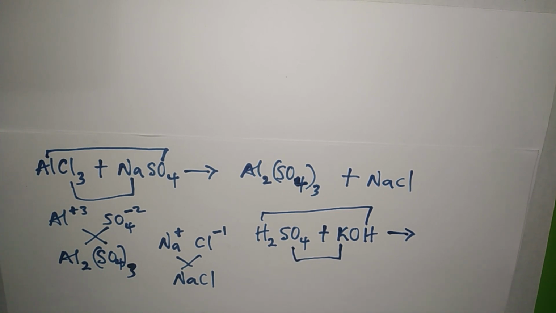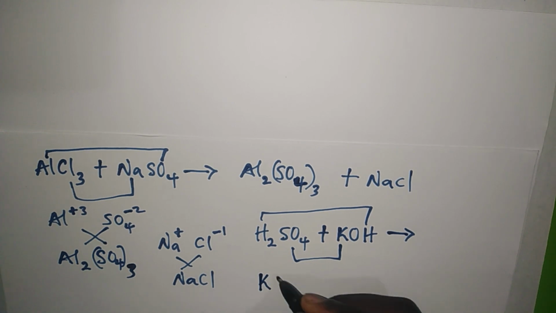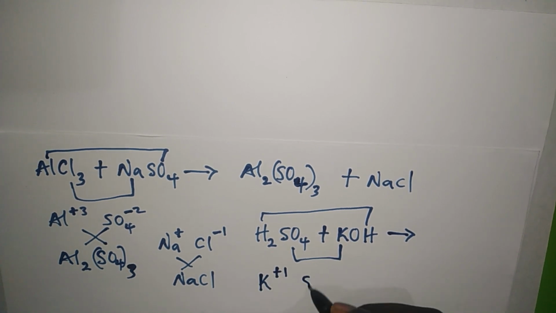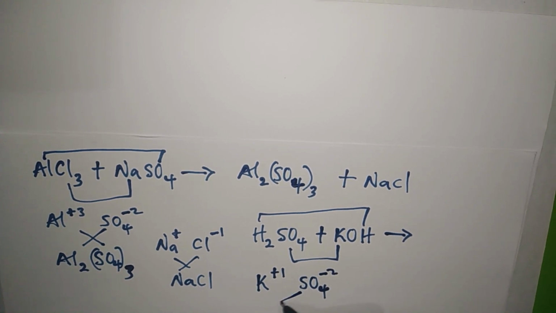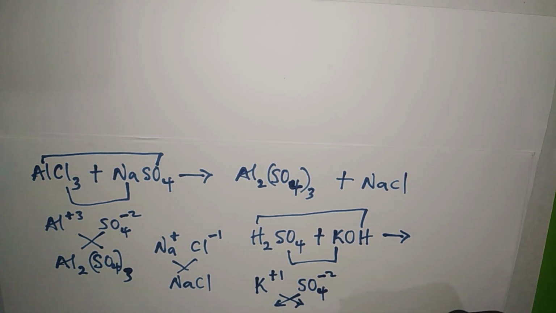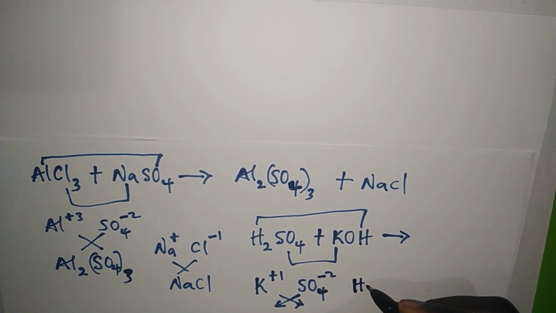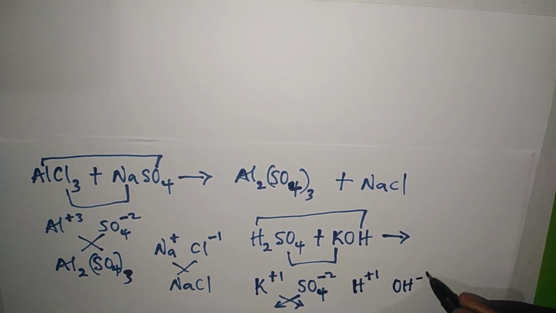Sulfate, right? Now for potassium, we have potassium has a +1 and sulfate has a -2. Therefore we have, for hydrogen +1, hydroxide -1.